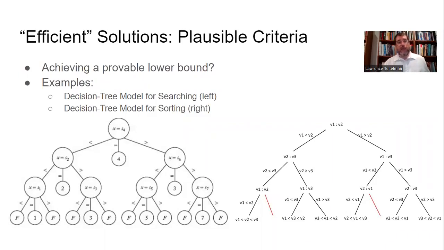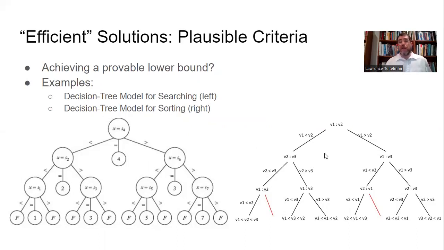For example, we can prove using something called the decision tree model, which we discussed back in our 4th lecture, Sorting Algorithms 2, that any comparison-based approach to searching is going to take at least log n, and any comparison-based approach to sorting is going to take at least n log n.